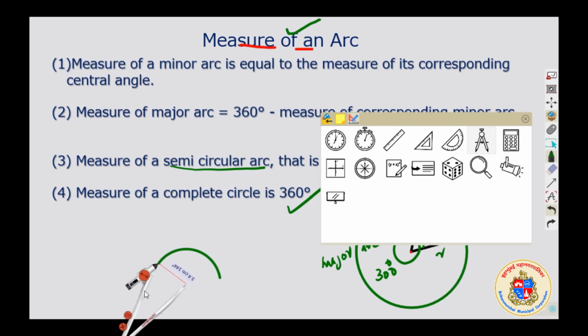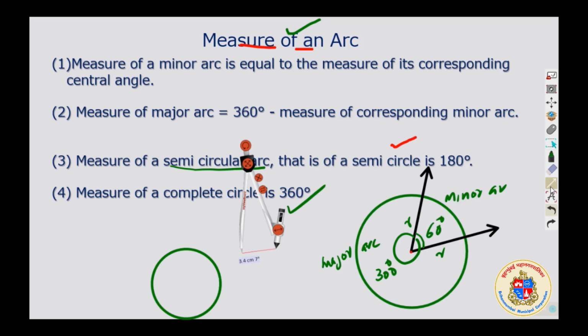Suppose that this is the circle, and we are making a central angle in such a way that it passes through the diameter.